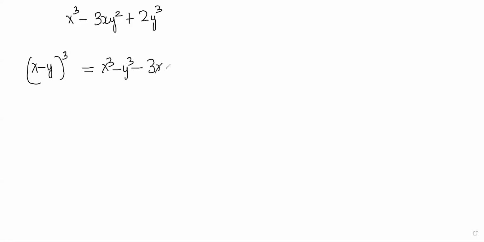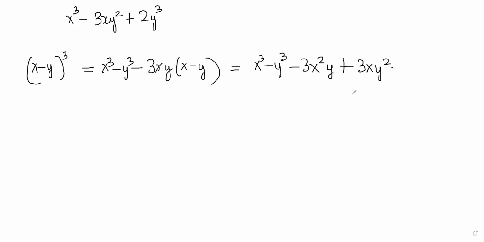x cube minus 3xy square plus 2y cube. You can say, if you think of x minus y whole cube, that is what? x cube minus y cube minus 3xy times x minus y, right? So that is x cube minus y cube minus 3x square y plus 3xy square, right?